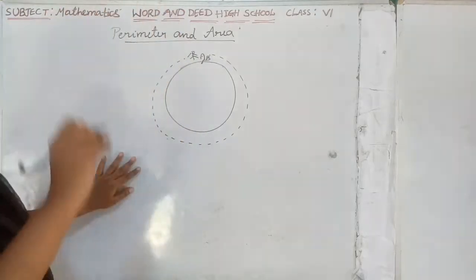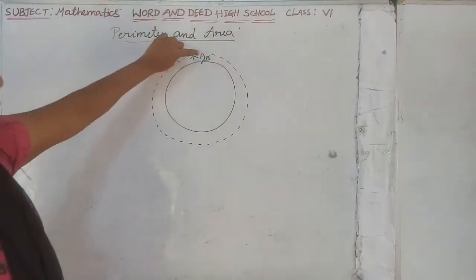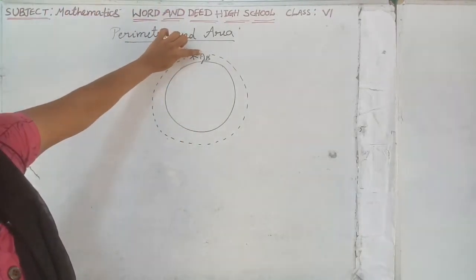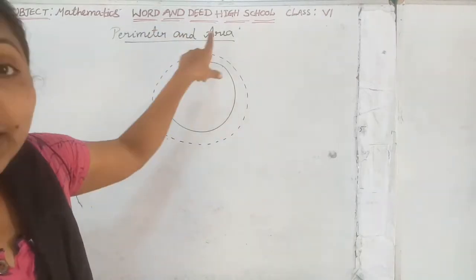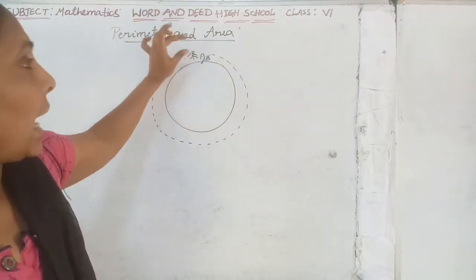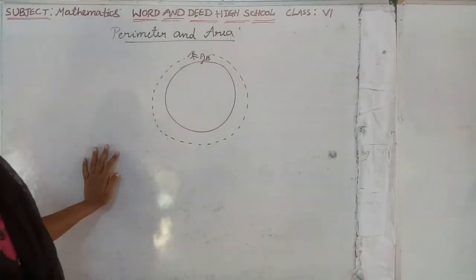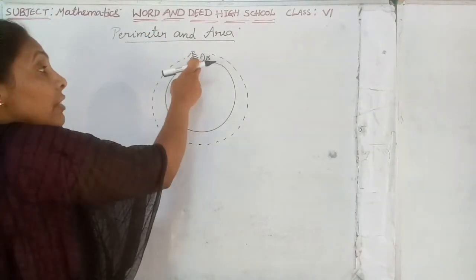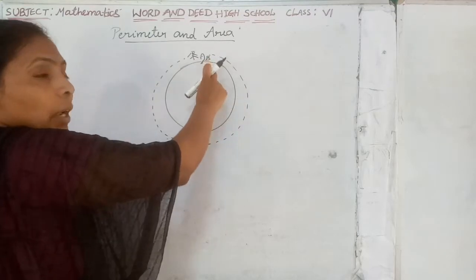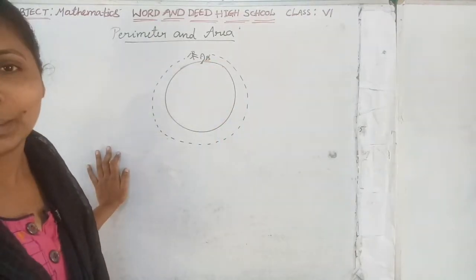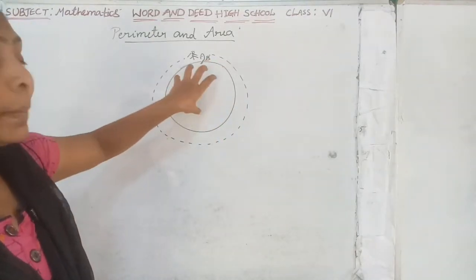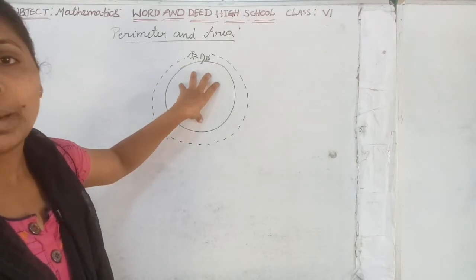A and B are the same points, children. So, the distance covered by that boy is the perimeter.